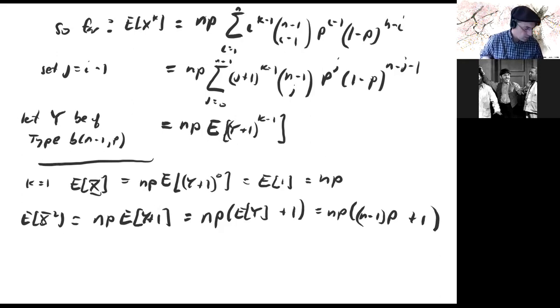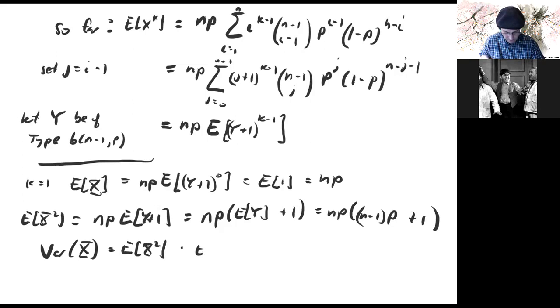And so from that, we can actually compute the variance of x. The variance of x is the expected value of x squared minus the expected value of x, squared. The squaring goes on the outside, and that's given by what we just did.